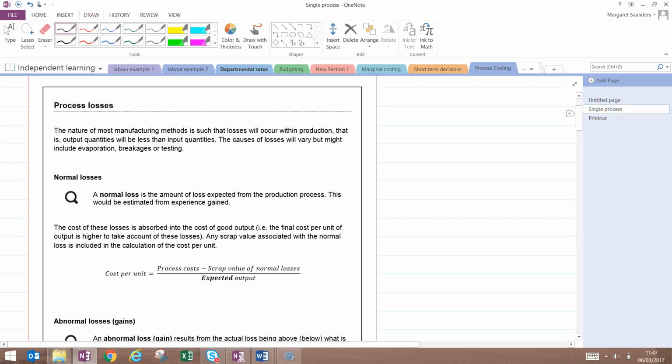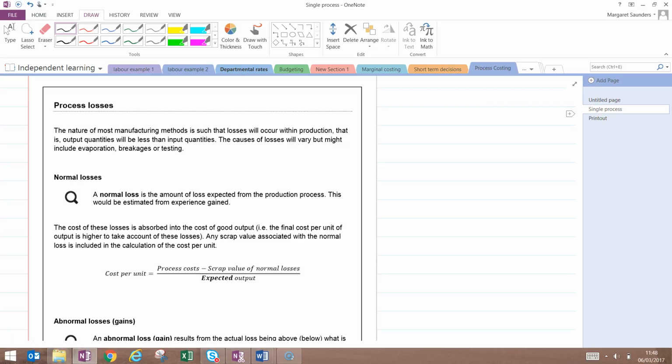Now within process costing, what you will see is the input into the process, which will be the materials, the labour and the overheads. And then the output from the process will be your finished items. In addition to that, you will come across normal losses and abnormal gains.